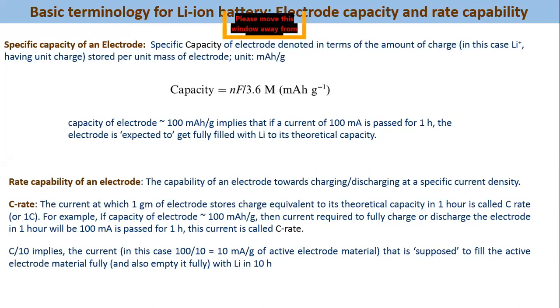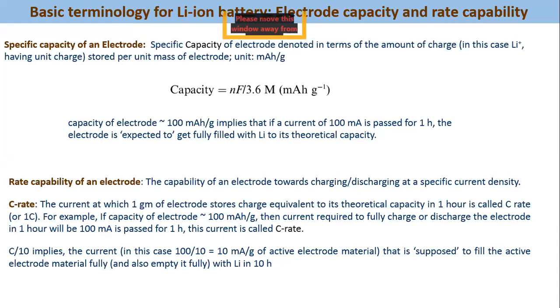The current applied to 1 gram of material that charges it in 1 hour is called 1 C rate. What about C by 10 rate? You just divide the current equivalent to 1 C rate by 10.